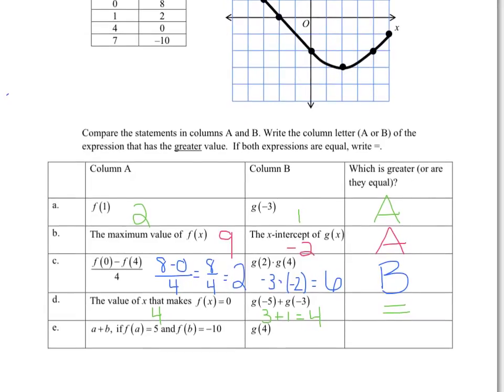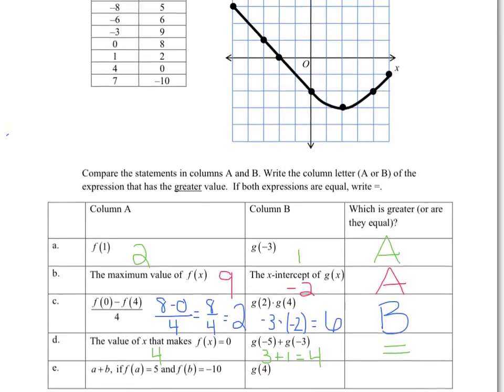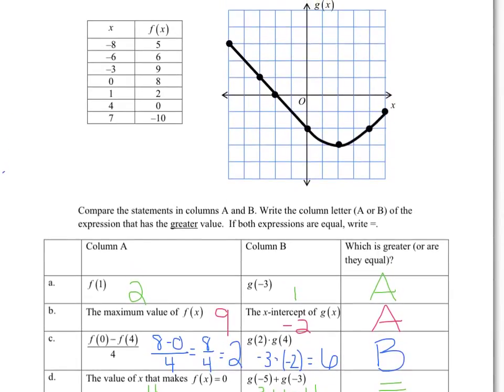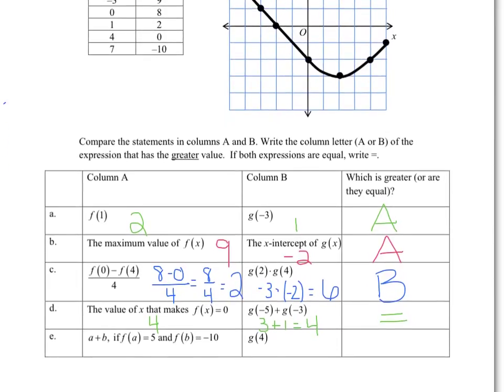Finally, a plus b if f of a equals 5 and f of b equals negative 10. Well, f of a equals 5, we're looking for the value of a that makes f of a equal 5. So where does f of x, remember we're just inserting a here and a here, equal 5? It equals that at negative 8.